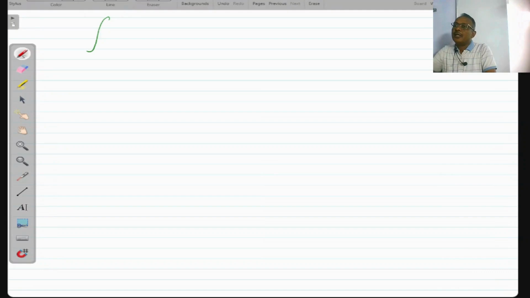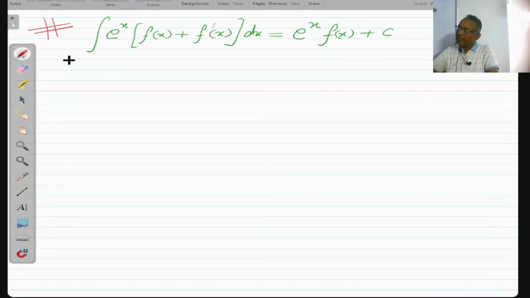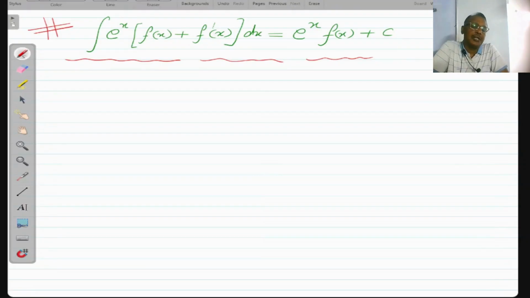It says that whenever you have e to the power x, a function, and immediately after that its differential, whenever such a question comes, write the answer directly in one line, e to the power x times the function. This is a form, it is also given in NCERT. Whenever a function comes and right after it plus its differential, we call it e to the power x, f x plus f dash x.